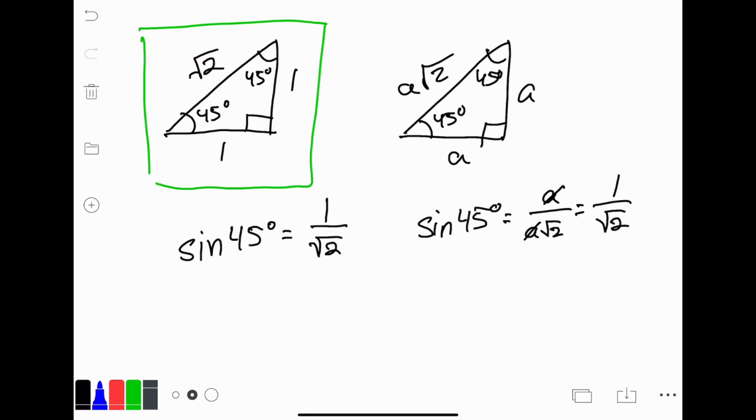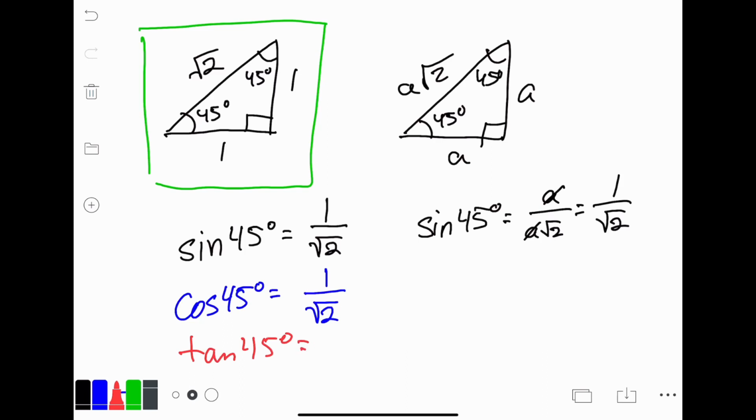Now let's take, for example, cosine 45. Cosine is adjacent over hypotenuse, so it's going to be 1 over square root of 2. 45 degrees, if you notice, is the only angle where sine and cosine are exactly the same. And last but not least, let's go ahead and find tangent of 45.